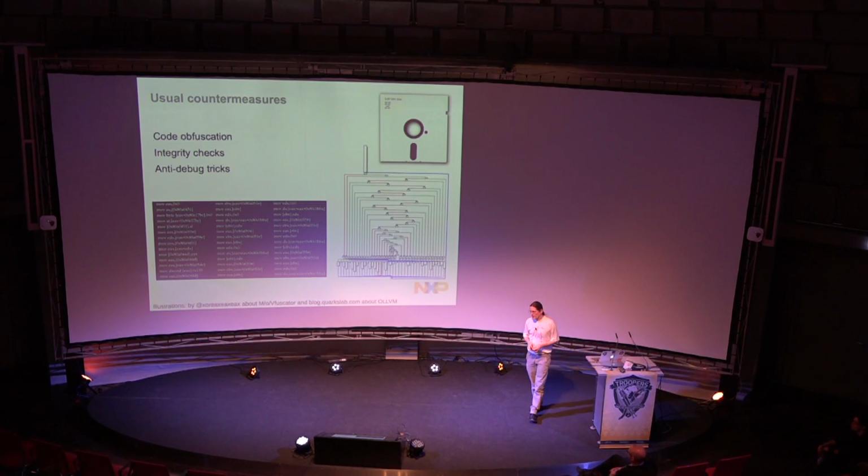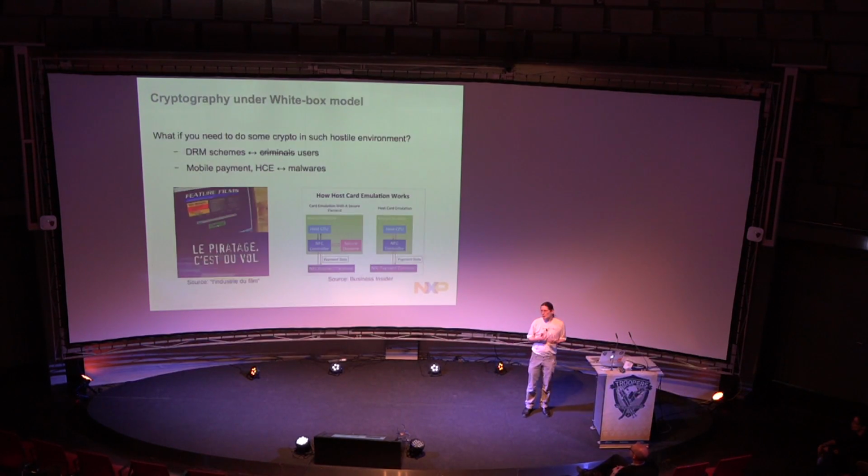So now in that model, if you want to do cryptography, what happens? Well, first, why do you want to do cryptography in the white box model, which is so powerful? Two use cases that are quite classical. The first one historically is the DRM scheme, because there you want to run your code on the criminal's machine, the user's machine, and that's very well known.